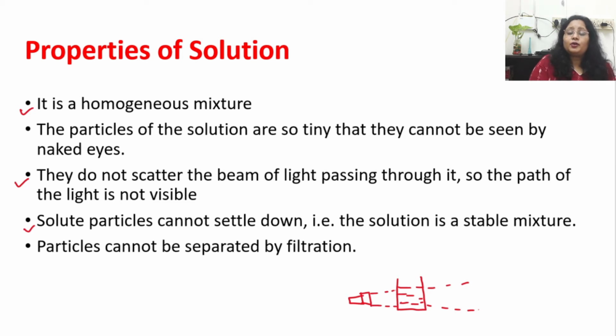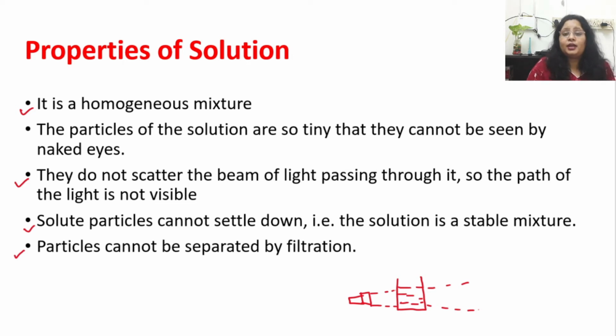Next point is solute particles cannot settle down. Because it's a homogeneous mixture, in the example of sugar water solution, the solute particles, that is sugar particles, will not settle down below the water, as we all know. So we can say the solution is a stable mixture. Next point is particles cannot be separated by filtration.